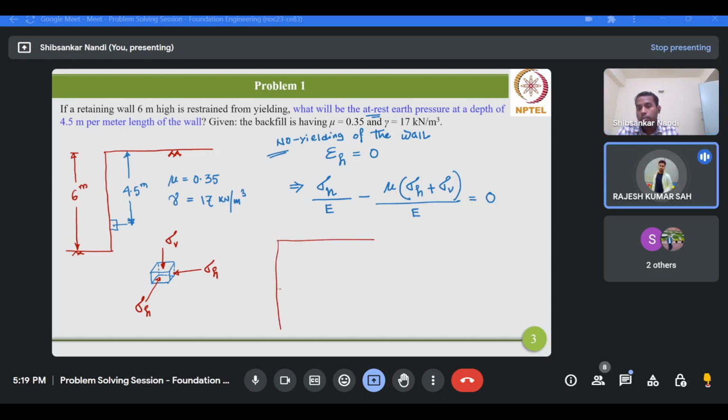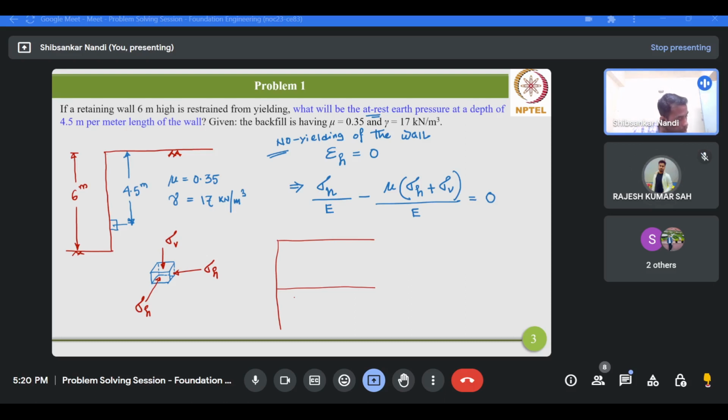Sir, I have confusion here, because there are two layers and the water table is not in the same layer. The water table is at 4 meter and the first layer is at a height of 8 meter. What I have got from the chat box is that the water table is at a depth of 4 meter, somewhere in the first layer. Earlier I mentioned it wrongly, that it's at the interface of the two layers.